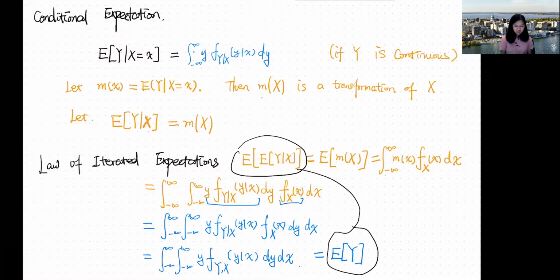It holds for all cases. It holds for the case where y is continuous, x is discrete, and also when y is discrete and x is continuous, and also when both are continuous and both are discrete. So we don't do the derivation of all of them, but we should understand that the law of iterated expectation applies in all of these cases.